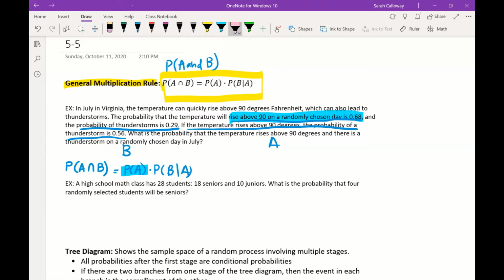We want the one that is conditional, that implies that it was 90 first, then it tells us the probability of the thunderstorm, which is the second one. So they're giving us three probabilities, and we only are using two. You know that in the multiple choice questions, they're going to give you an option of 0.68 times 0.29, but the correct calculation here is to multiply 0.68 times 0.56. That product should give you 0.38.